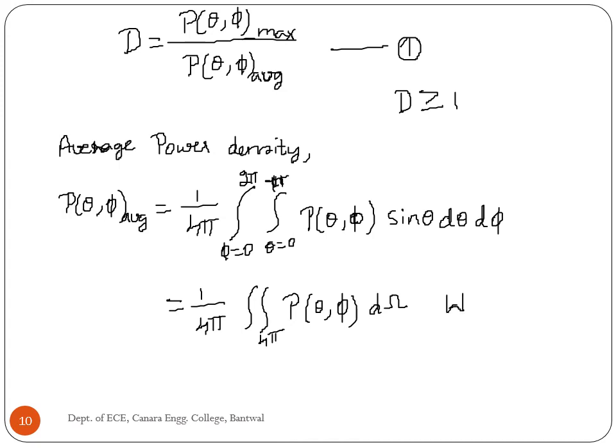Watts per steradian is the unit of the average power density over a sphere. Equation 2.